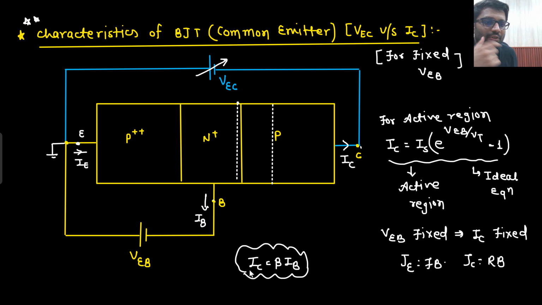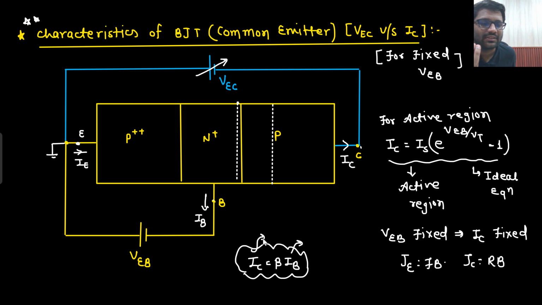And in a lot of textbooks, you would find that the BJT is a current controlled current source, which is actually a baseless statement. Because of this IC equals beta IB, it is known as a current controlled current amplifier, or whatever statement they write. These statements are wrong.